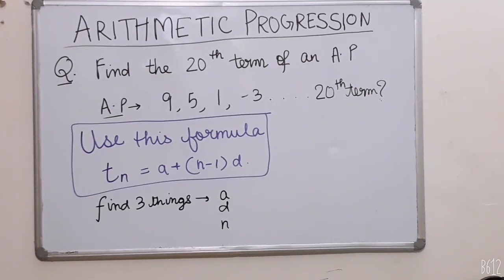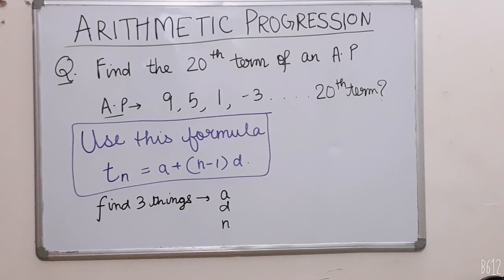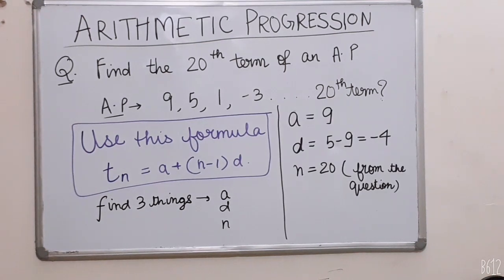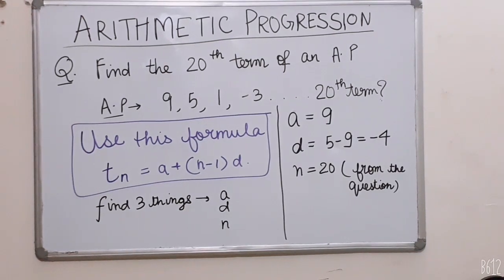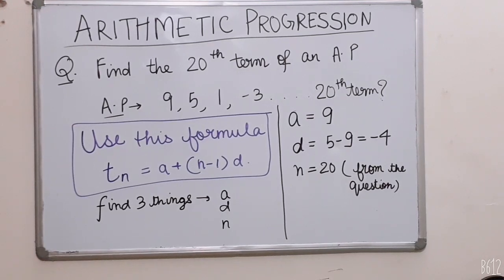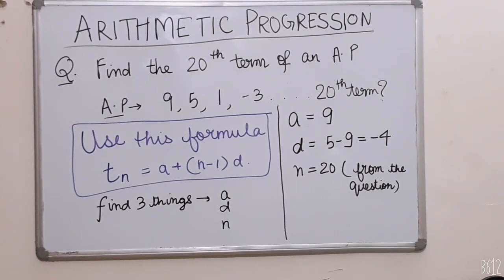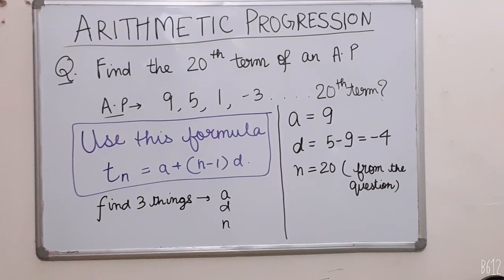To solve this question, you have to firstly find three things, which is the common difference from the AP, the first term of the AP, and the number of terms. In this AP, the first term is 9 and the common difference is 5 minus 9, which is equal to minus 4, and the number of terms which is given in the question is 20.